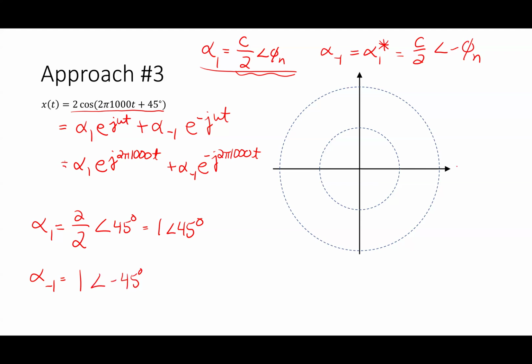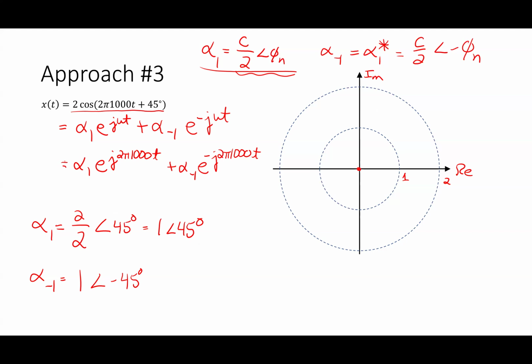Okay, so here's my complex plane, and I drew these unit circles here. Let's say this is 1 and 2, a circle with radius 1 and radius 2. Where would I draw alpha 1? 1 angle 45 degrees. It starts here, and where does it end?